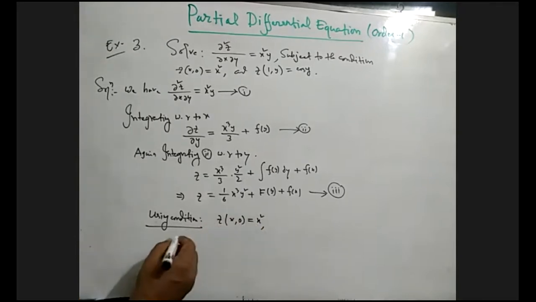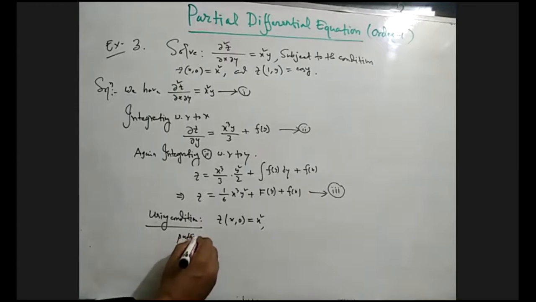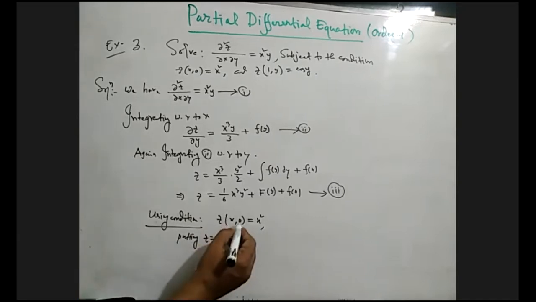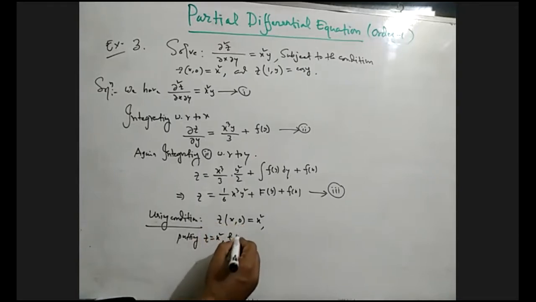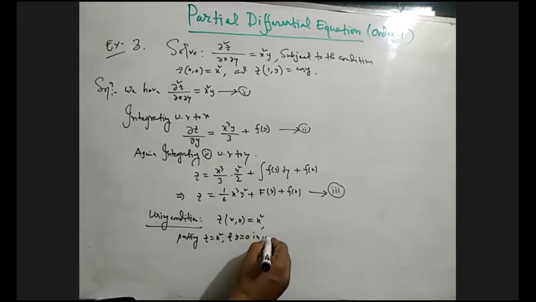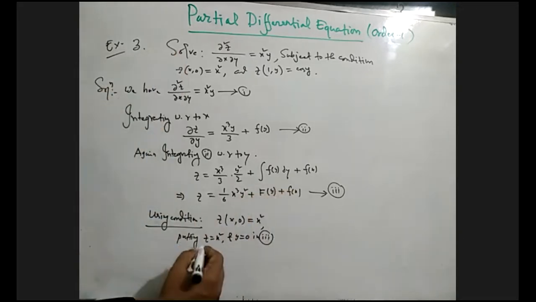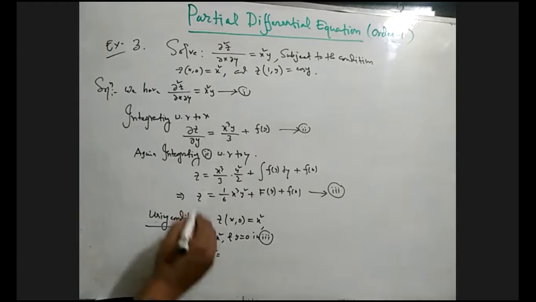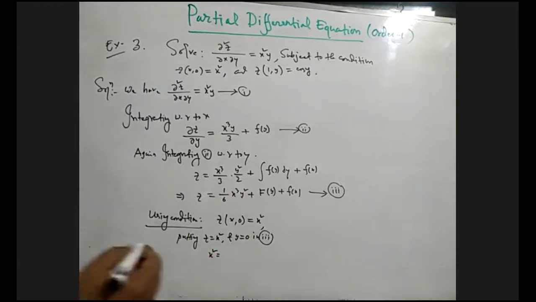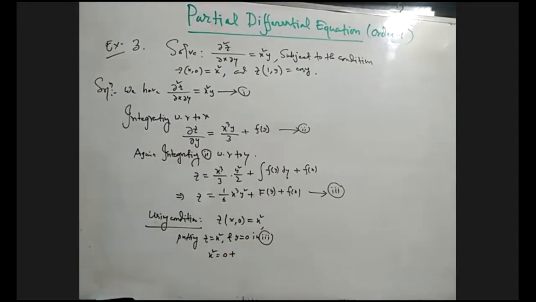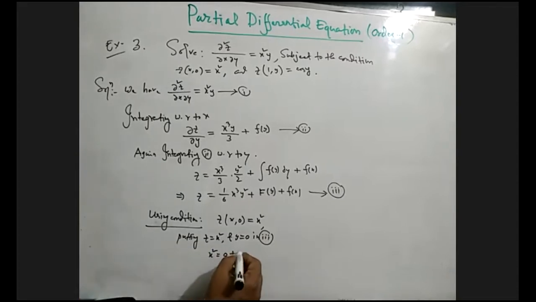Putting z equals x square and y equals 0 in the solution, equation 3, since z is a function of x and y, we get x square equals 0 plus f of 0 plus f of x.